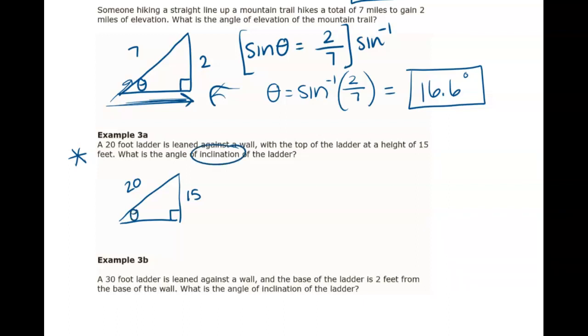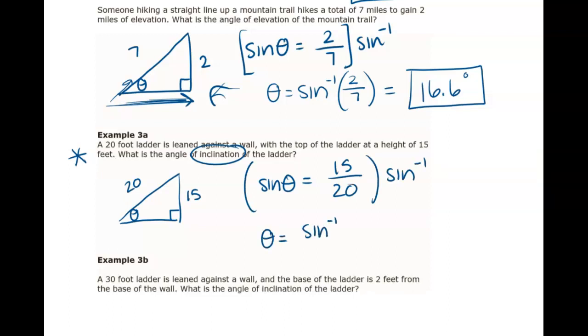So like if you're laying on the ground looking up. This is a sine again. Sine of theta is 15 over 20. Inverse sine, theta, inverse sine of 15 over 20, which is 48.59 degrees.